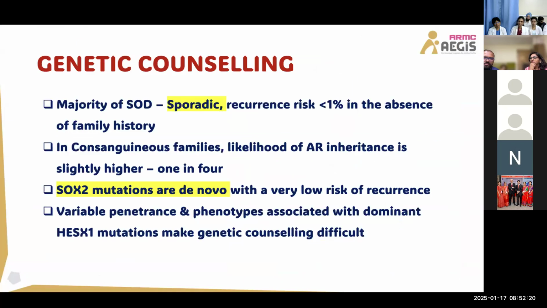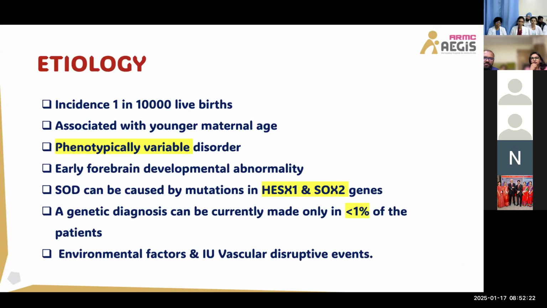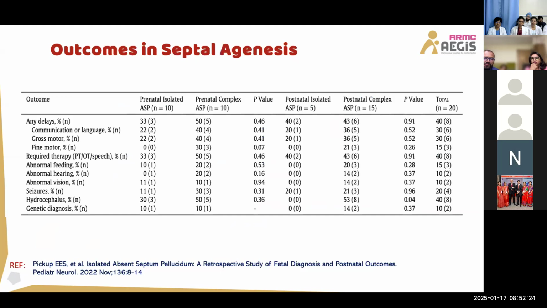True, madam, that if we go by mild ventriculomegaly, there also we say it is around 7%. So if you round it up, it becomes like 1 in 10 almost, isn't it?